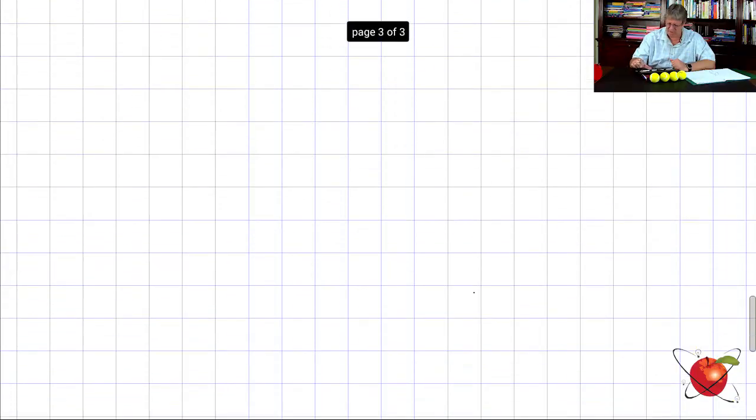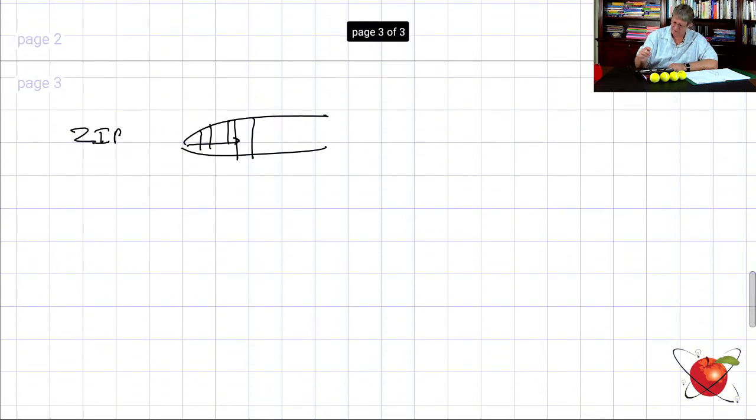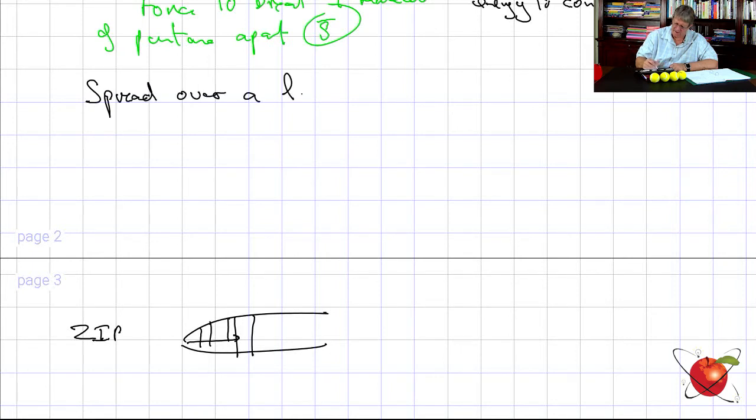Our next portion is going to be intermolecular. The force increases, we've done that, and it is also, just to finish it off, spread over a large surface area.